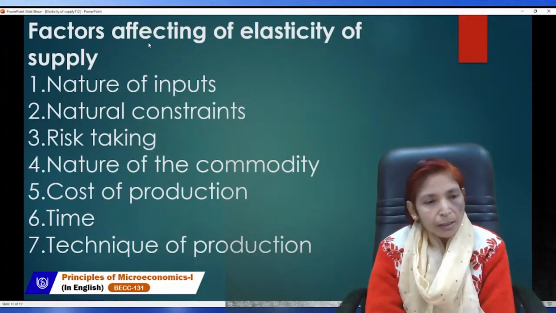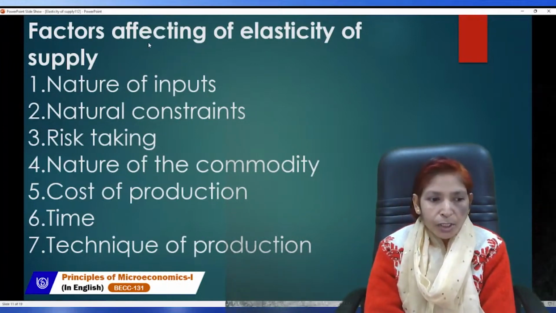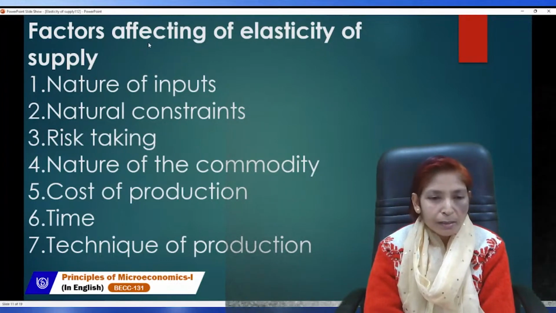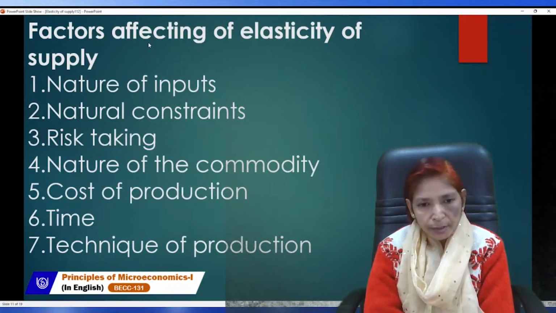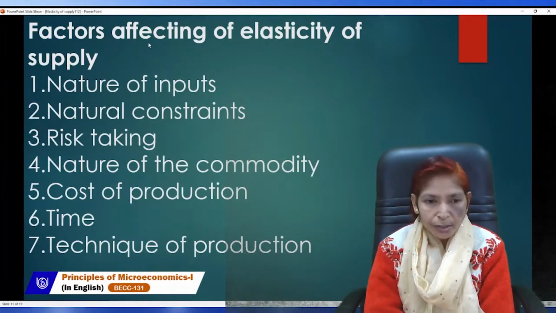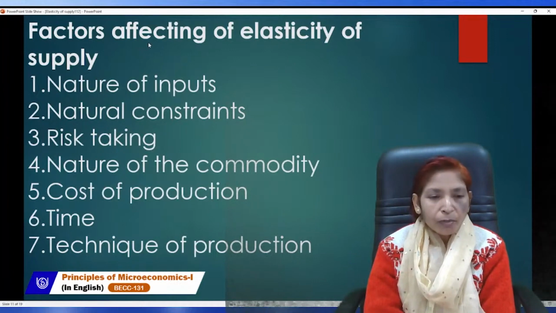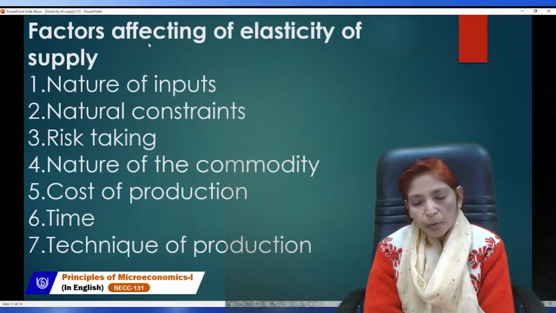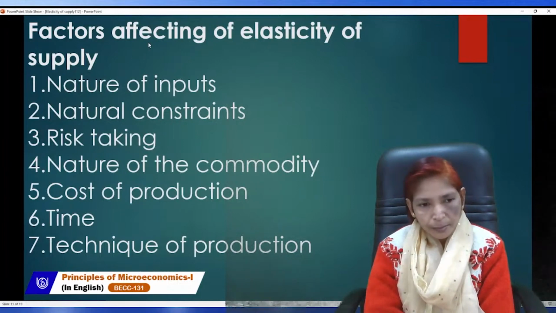Next point is cost of production. Cost of production shows how much cost is involved in the production of goods and services. As you know, the producer's main goal is to earn maximum profit at minimum cost. Each and every producer wants to reduce the cost of production and increase production at lower cost.